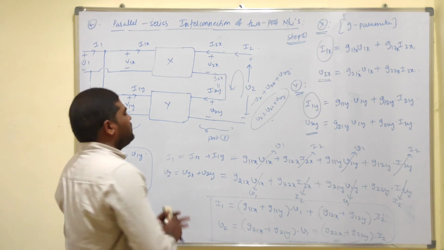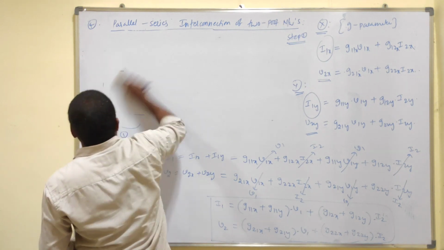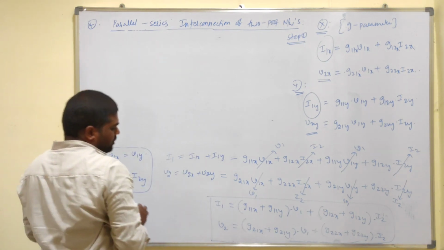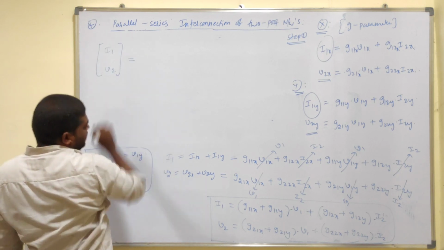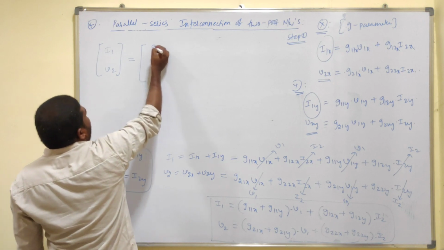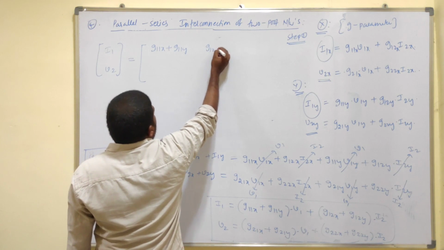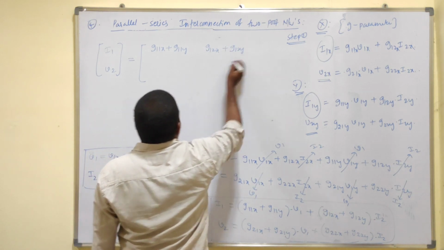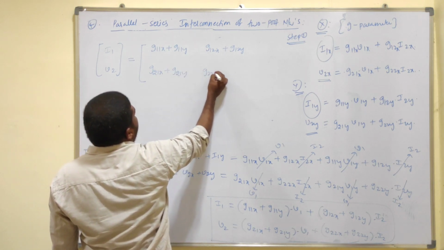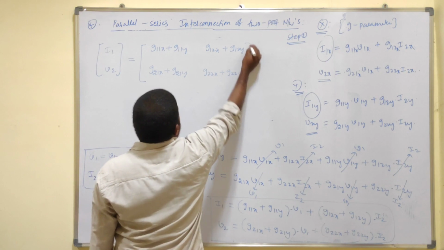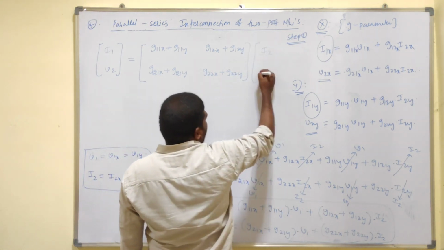From these two expressions, I can write the matrix form. I1 and V2 equals the matrix G11x plus G11y, G12x plus G12y, G21x plus G21y, G22x plus G22y, times I2 and V1.